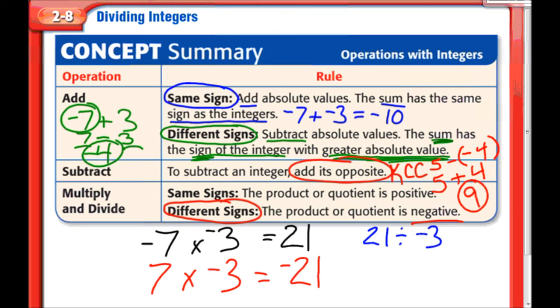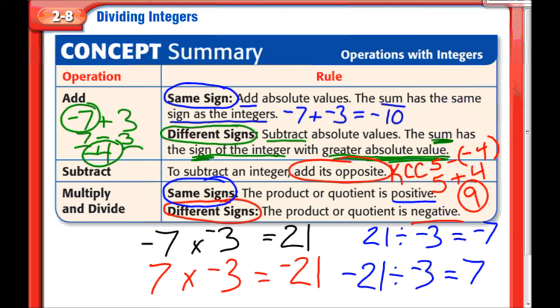Well, again, we have different signs, so you're going to get a negative answer. But as soon as I make both numbers negative, -21 divided by -3, now I'm back to a positive answer. Again, that would have the same signs, so that product or quotient would be positive.